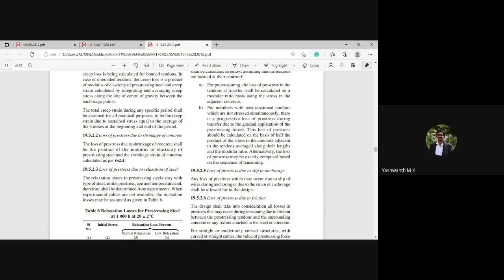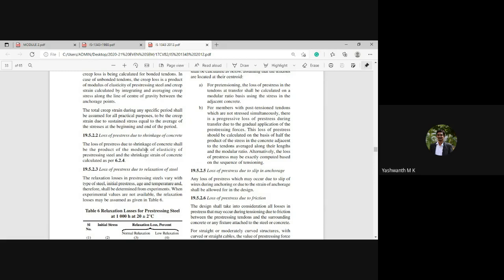So we know from the formula, loss of pre-stress due to shrinkage of concrete equals epsilon Cs, that is the shrinkage strain, multiplied by the modulus of elasticity. It is the product of shrinkage strain, epsilon Cs, that means shrinkage strain in concrete, multiplied by the modulus of elasticity of steel, that is Es.